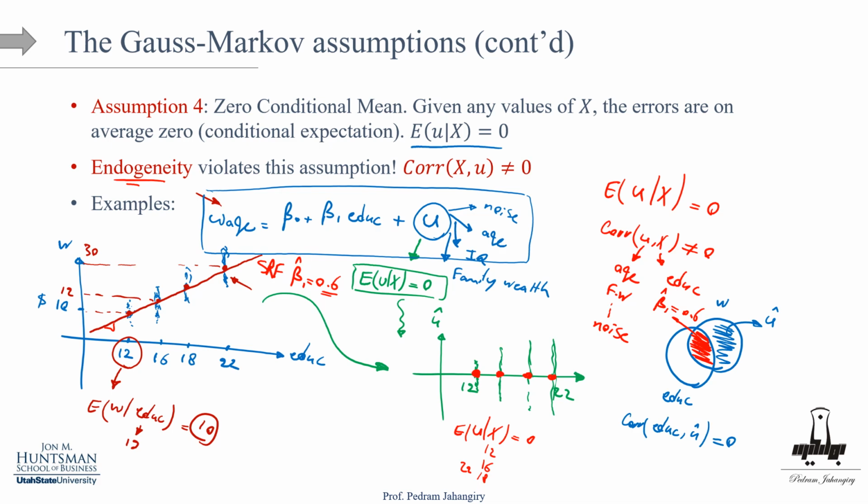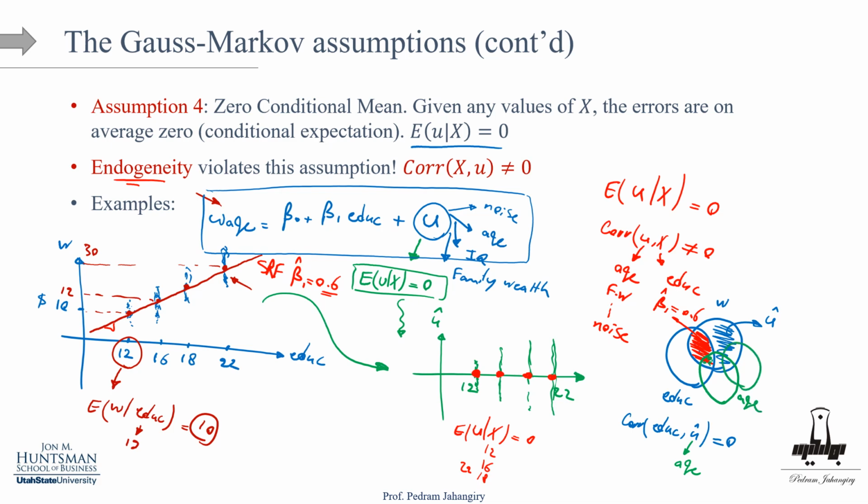But the problem is that in reality, we know that this U hat has age in it, has family income in it, has gender in it, and it is correlated with education. So it means that the correlation between education and U hat is not 0, and then this thing that you're seeing here is contaminated with some error. Imagine this is your age, this is your family income.